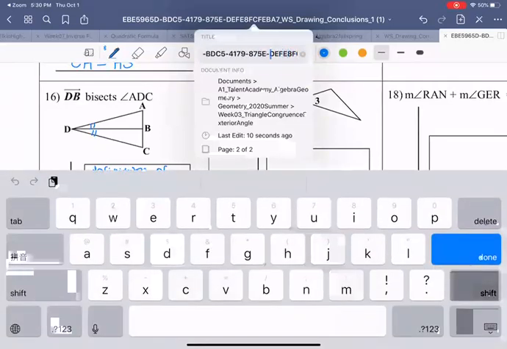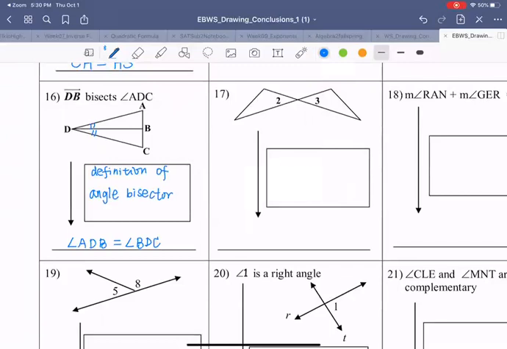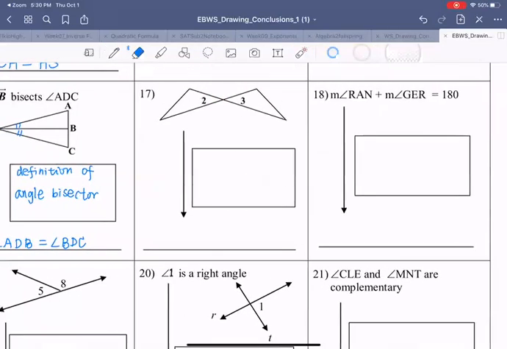I think in 17, angles 2 and 3 are vertical angles. They're equal, I guess. So number 17 is vertical angles. And number 18 is something we did early. What do you call this? Supplementary, right?